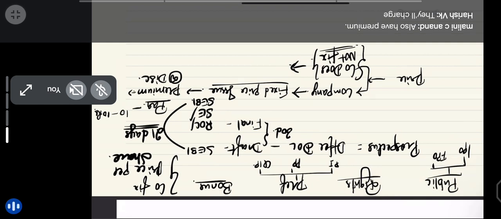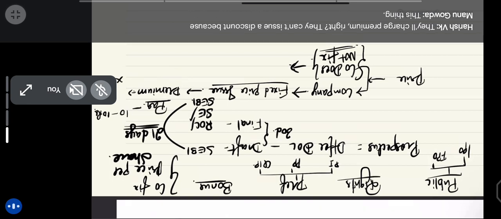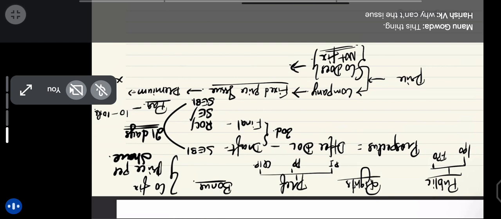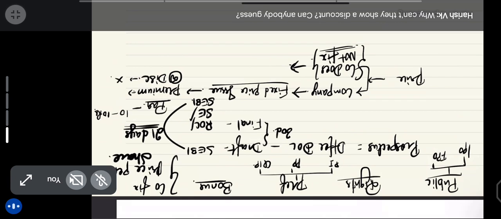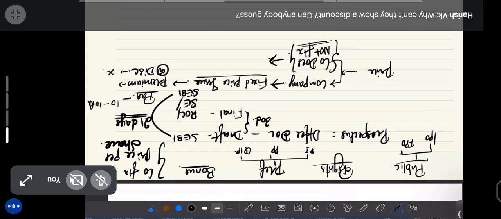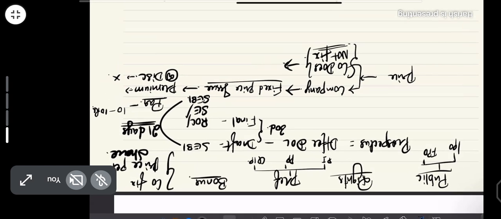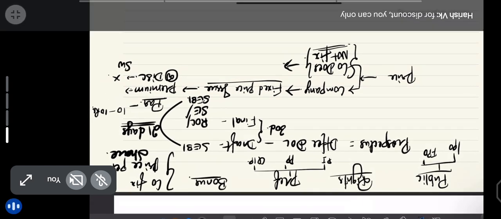They'll charge a premium, right? They can't issue at a discount because... why can't they issue a discount? Can anybody guess? You can only issue sweat equity shares at a discount.